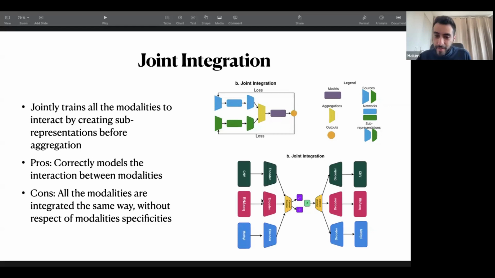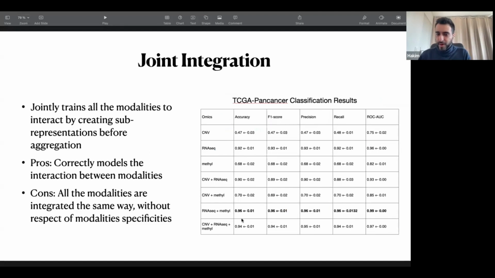For example, in particular tasks, here you can find that we did some experiments for pan-cancer classification in TCGA with different combinations of modalities for joint integration.